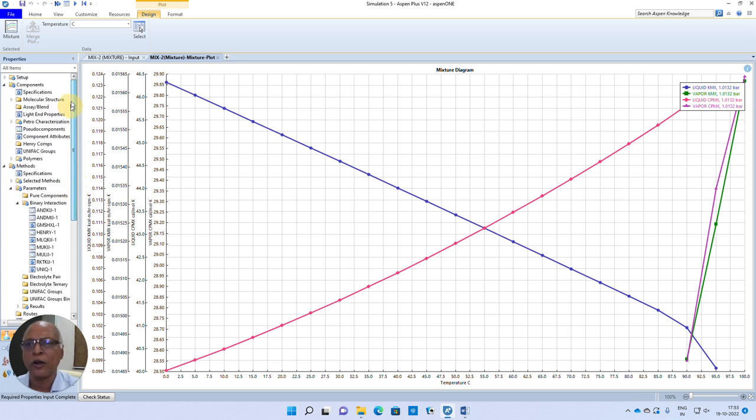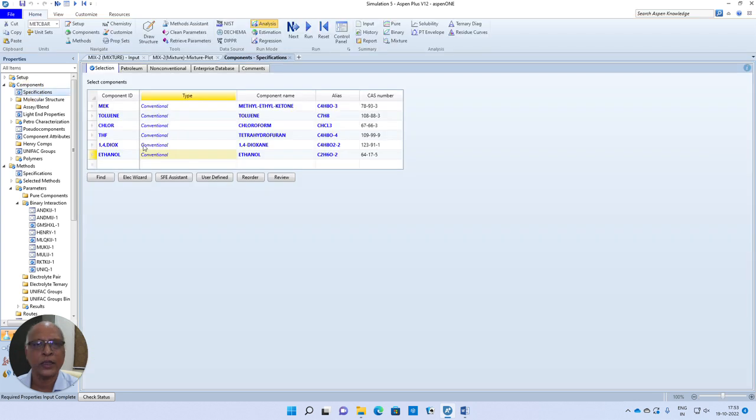So these are some of the calculations that you will be able to do by specifying the components, choosing an appropriate property method. You will be able to plot Pxy diagram, Txy diagram, and for any component, you will be in a position to calculate how a particular property is going to vary with respect to temperature. Same is the case with respect to the mixture.